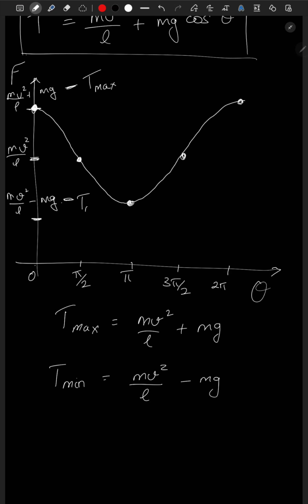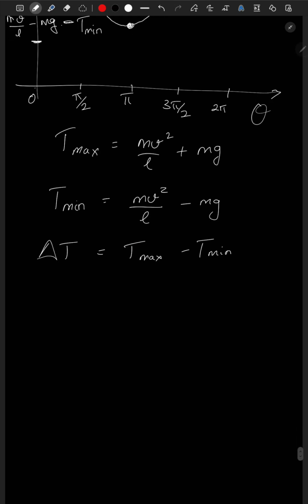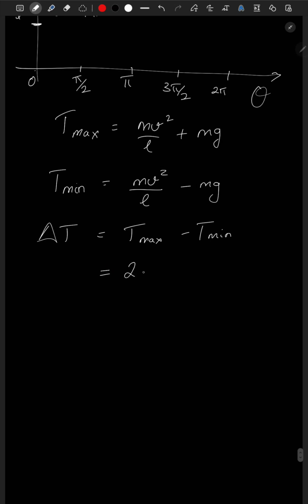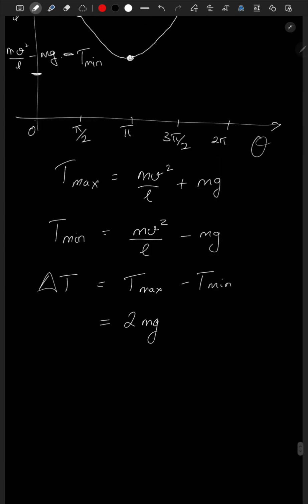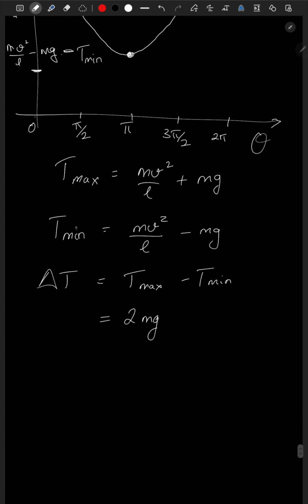This is the minimum tension, and therefore the change in the tension would be the maximum minus the minimum tension, and this would just give you 2 mg. So you subtract these two equations, and you will get 2 mg.